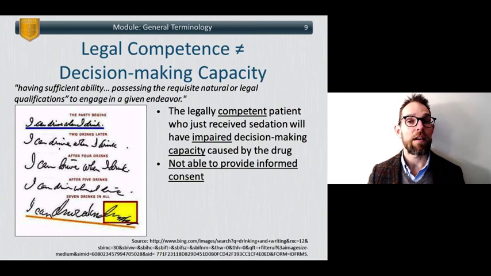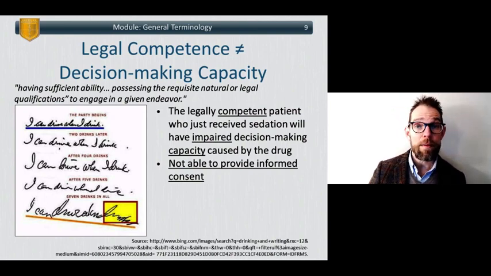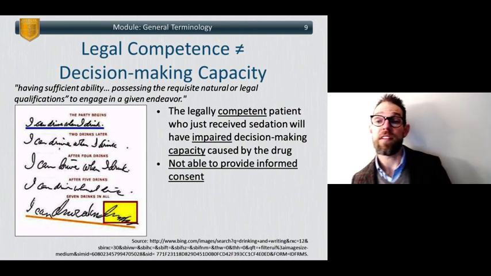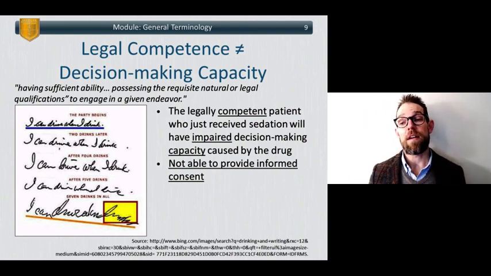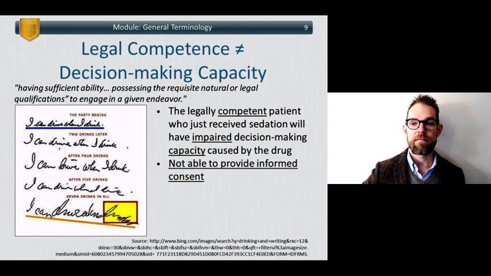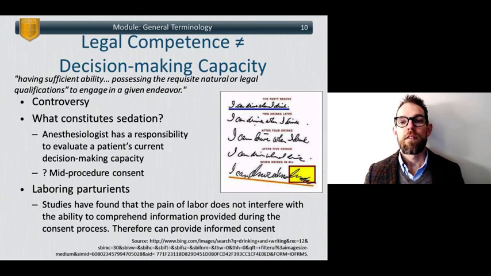When we give a patient sedation. So a competent patient initially that receives sedation will have impaired decision-making capacity and therefore not be able to provide appropriate informed consent. Legal competence does not imply decision-making capacity.